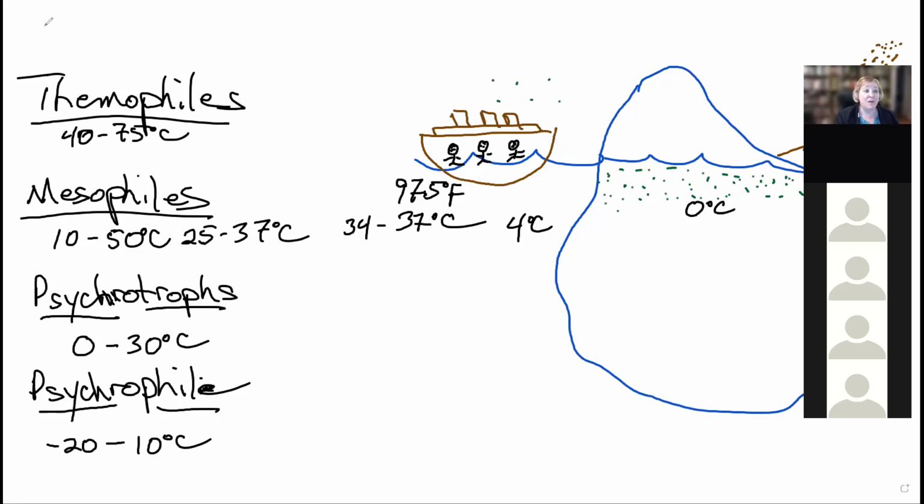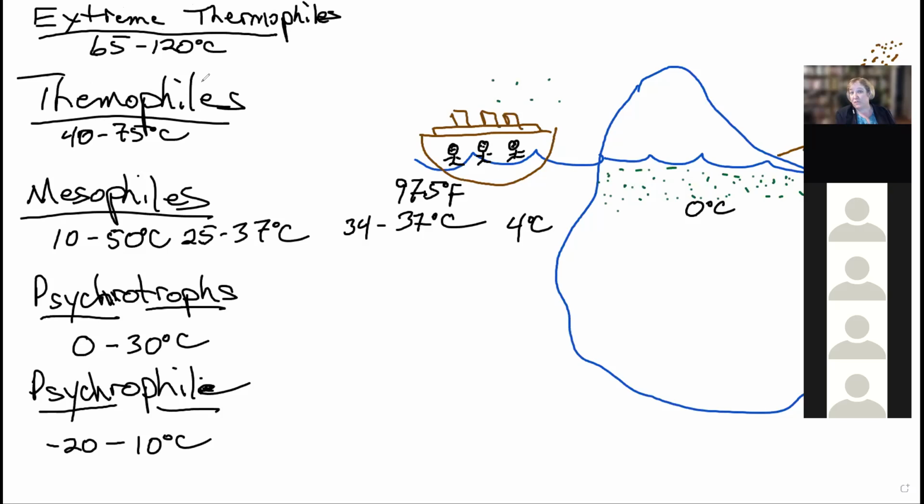And then we have extreme thermophiles. These are microbes that we have isolated from hot springs and from places where they are above the temperature of boiling.